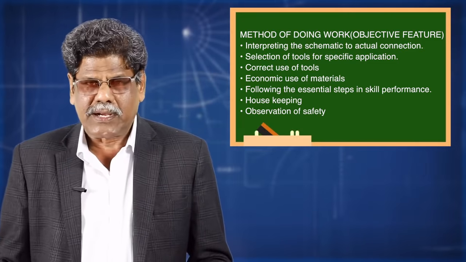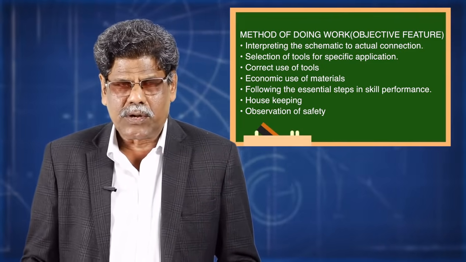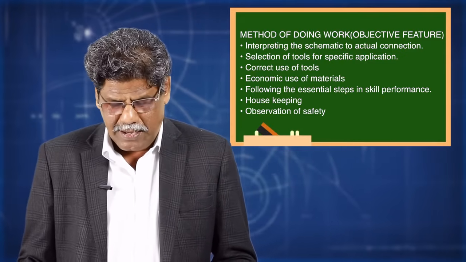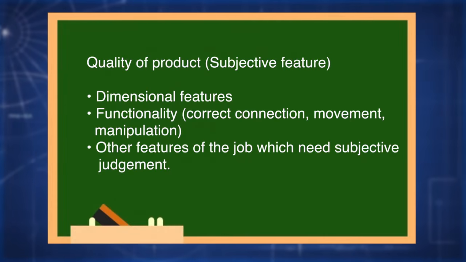These are to be considered or observed while doing the work. It comes under the objective feature, that is the method of doing work. Then the last criteria is quality of product, otherwise we can call it a subjective feature.